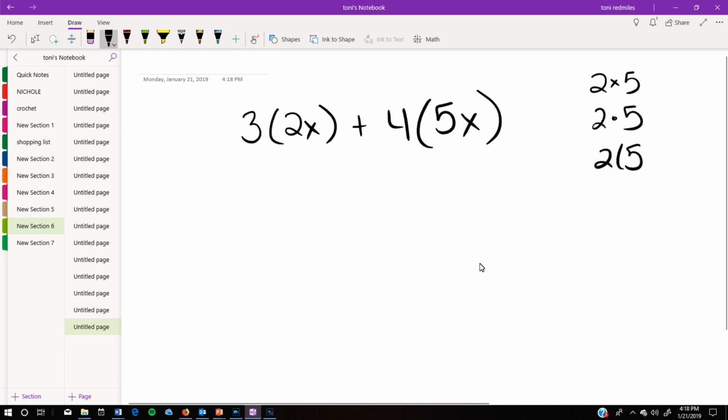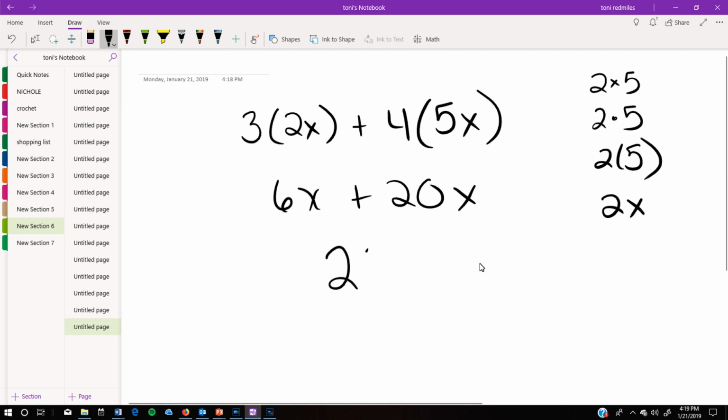One of them is with a parenthesis, or just putting two things beside each other. 2 beside an x is also multiplication. So this is multiplication and this is multiplication. I've got to do that first. After I'm done doing all my multiplication, I see, yep, they have the same variables, same degree of power. I can combine them. So 6 plus 20 is 26, and the x is along for the ride.